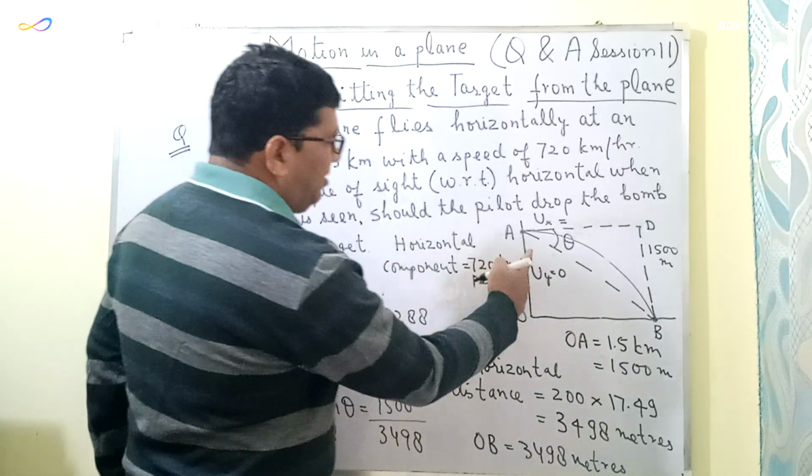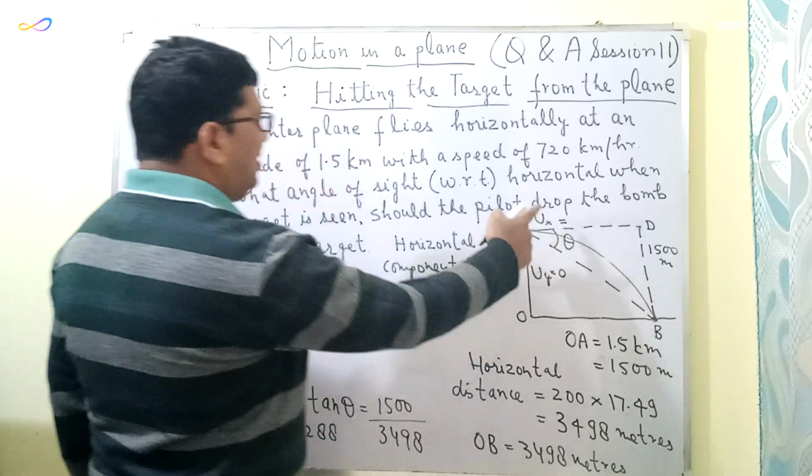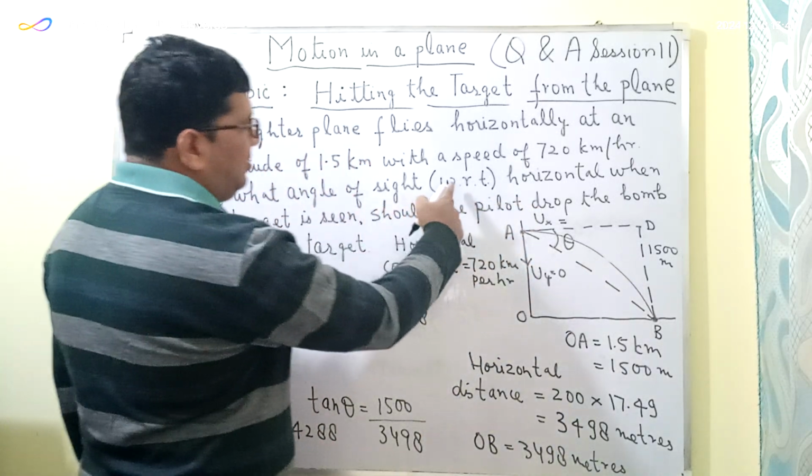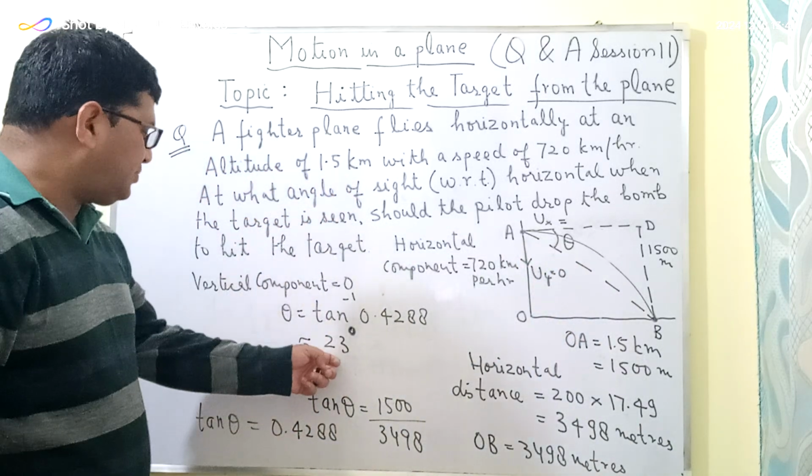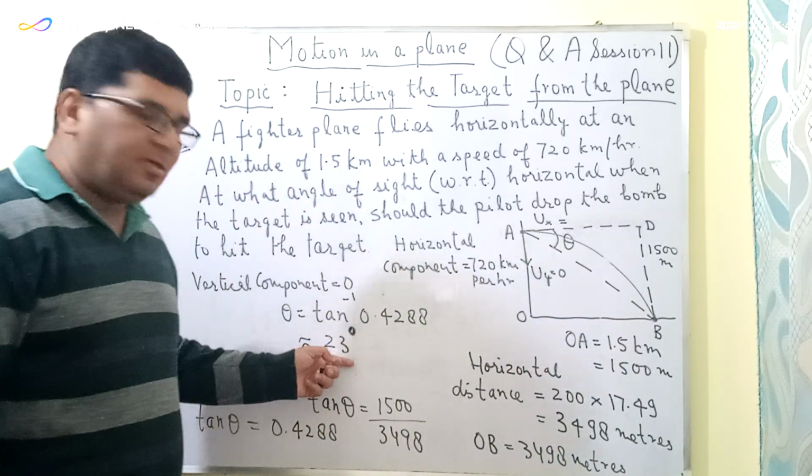That is, the angle of sight with respect to the horizontal is approximately 23 degrees centigrade.